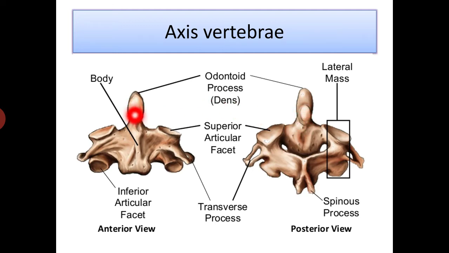So this dens anteriorly articulates with the posterior part of the atlas, while the inferior surface has the prominent anterior margin that is over here. Okay, and it is projected downwards and will hide the second intervertebral disc.